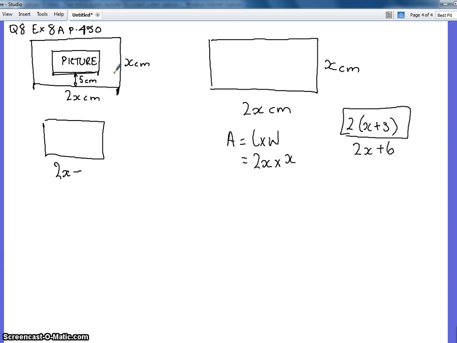Would you agree? So it's minus 10 centimetres, yeah? This dimension here is minus 10. 2x minus 10. This dimension here is not x centimetres, it's actually minus 10 as well, isn't it? Because you've got 5 centimetres there and 5 centimetres there, and that's the only distance you know.